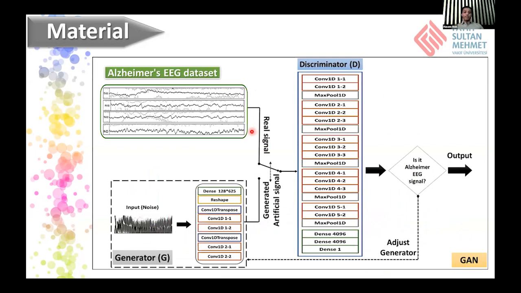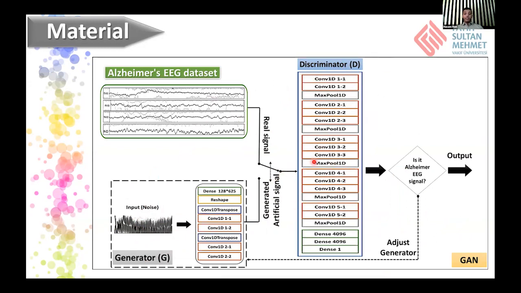Now that's our block diagram. First, I will give a short overview of it. First, the discriminator is defined. The data, which is real and generated, is given to the discriminator and trained. After that, the generator starts to transform noise into artificial EEG signals and feeds them to the discriminator.